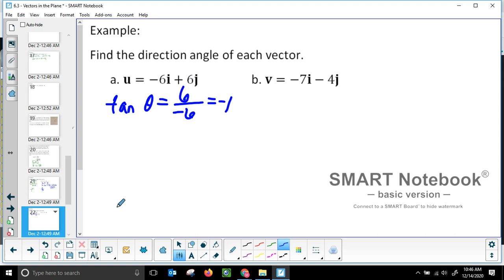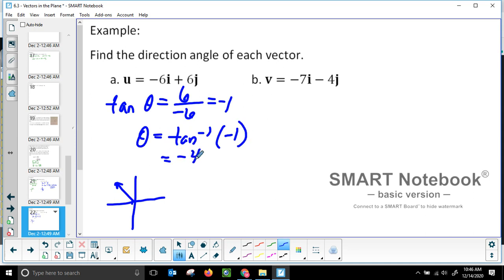Well, again, we kind of want to see where this would be. So (-6, 6) would be up here somewhere. Of course, if we did the inverse tangent, that would give us negative 45 degrees. Again, that would be down here somewhere.